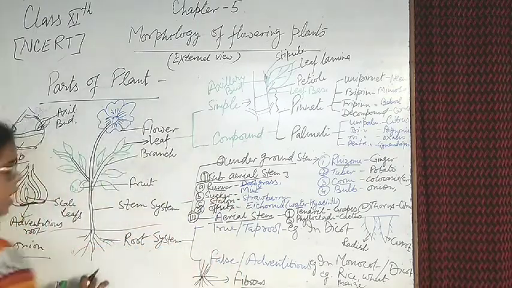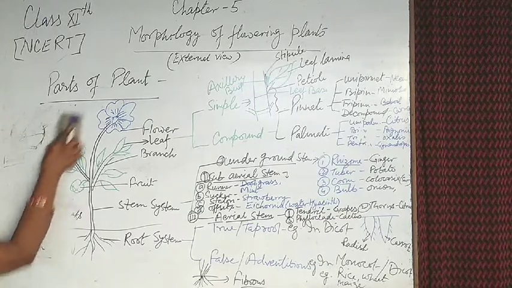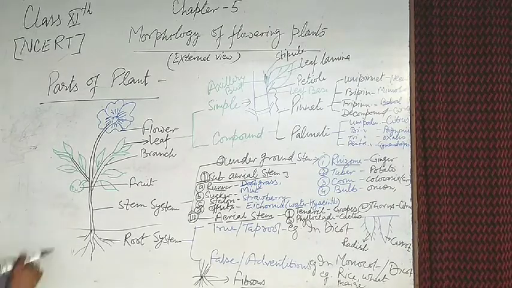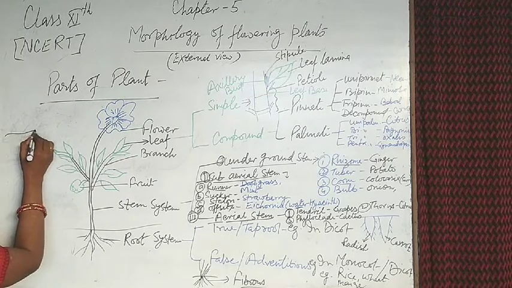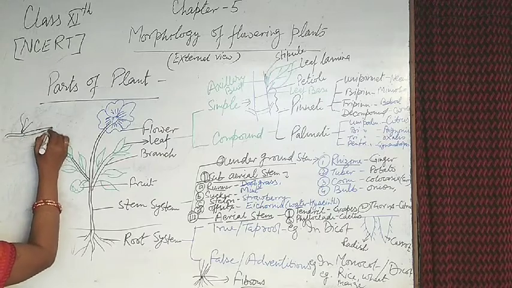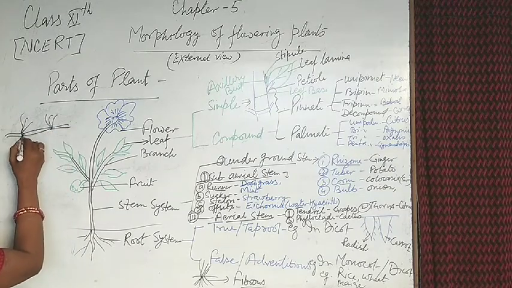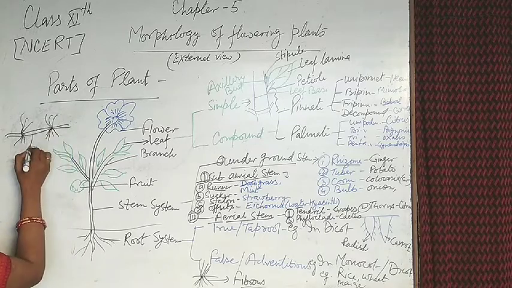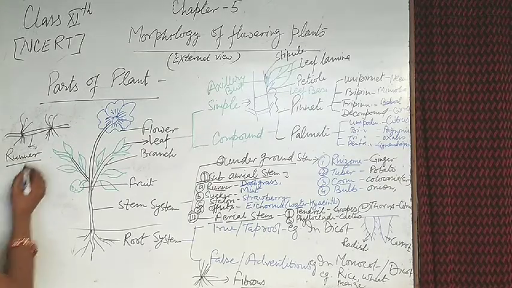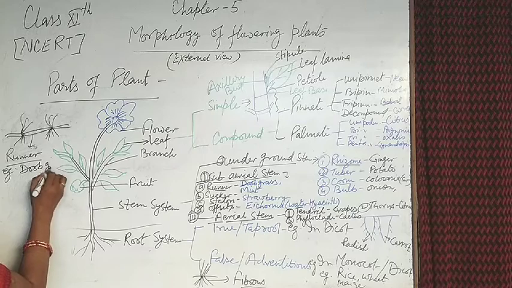Runner, you know, doob grass. The node and internodal part, at the nodal part a trifoliate leaf-like structure appears. It is an example of runner, modification of stem, for example doob grass.